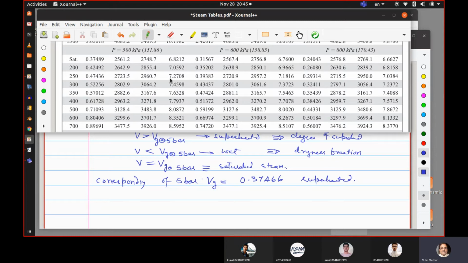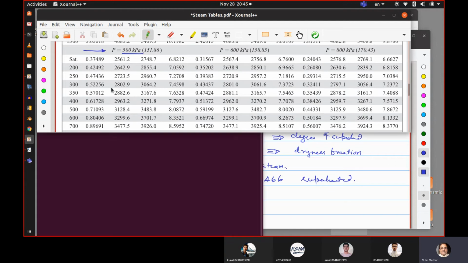Okay. So these are steam tables corresponding to 500 kilopascal, and we are looking for a volume of 0.4646 meter cube. So this is volume 0.4249, 0.4734 and 0.52.